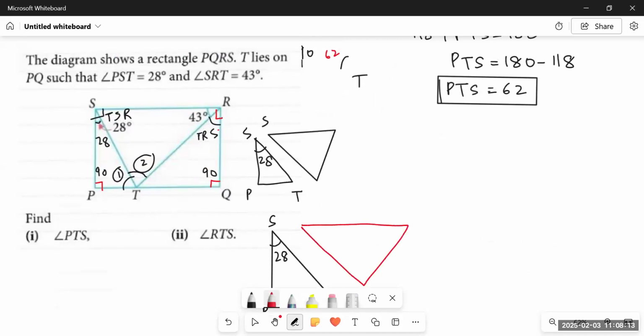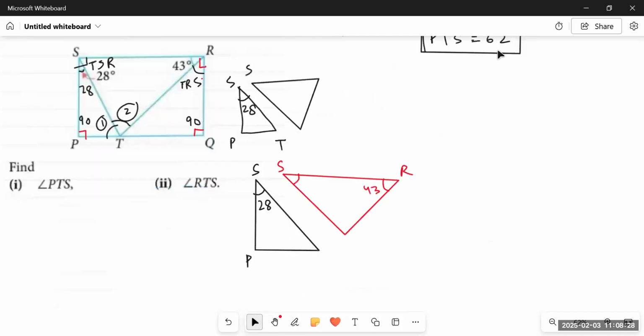In this triangle, we are only provided with angle RST, this angle. Again, I'm repeating, I'm not provided with this angle. This is not 28 degrees, okay? There has been an arrow indicating that 28 degrees is PST, not TSR. This is angle TSR, and this has not been provided.